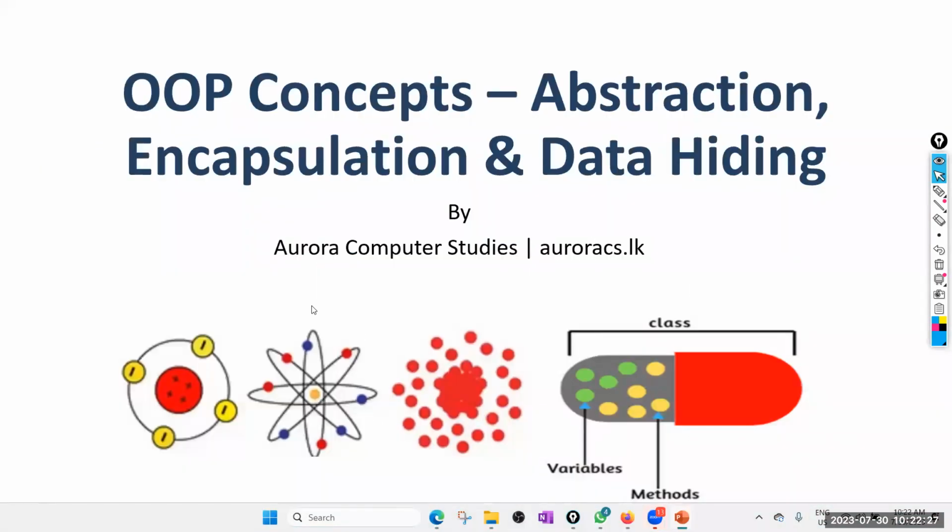Right. So now we are done with the basics. And you know how to convert the concept of class into coding: instance variable, class variable, instance method, class method, constructor. Now let's look at the next level of concepts: abstraction, encapsulation, data hiding, inheritance and polymorphism we can take separately.